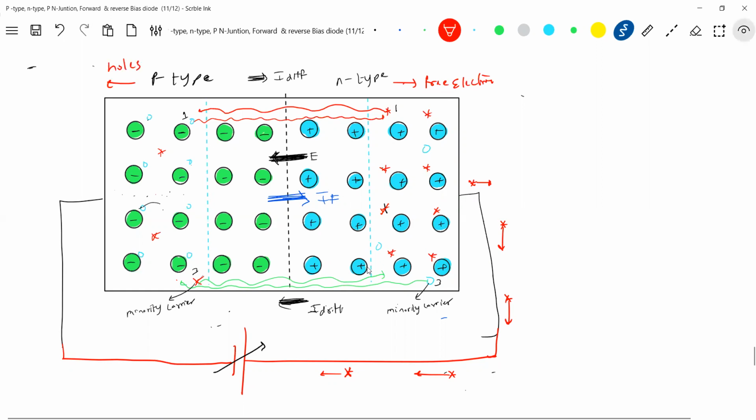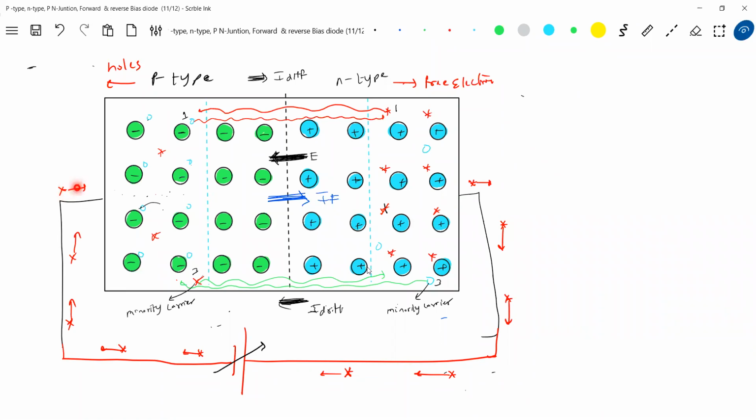Okay, let's take this one. This will push the electron. This electron will go and occupy the position of the hole. If a hole captures an electron, what do we get? We get a valence electron, and we don't show it. This electron has come here.